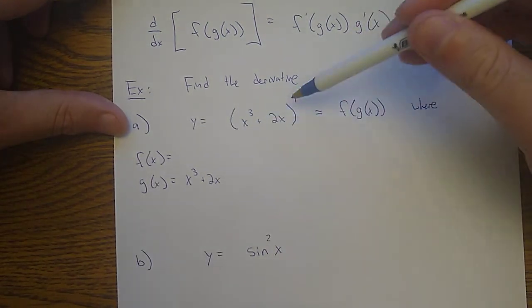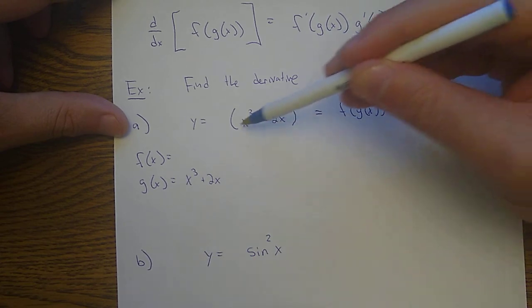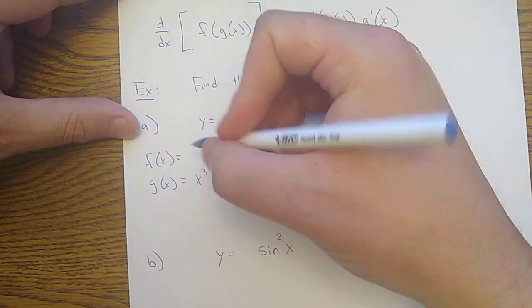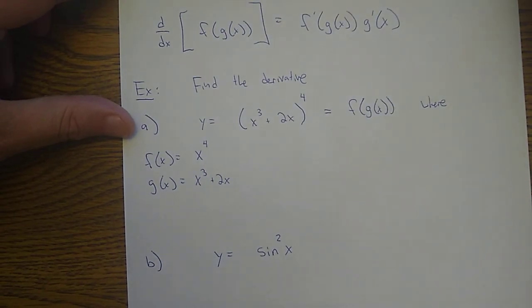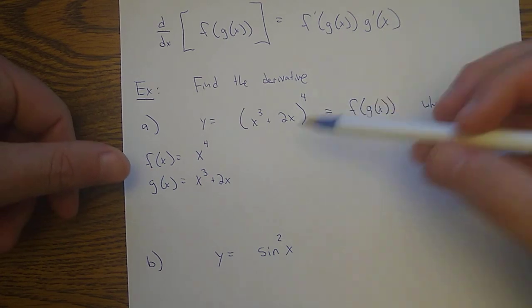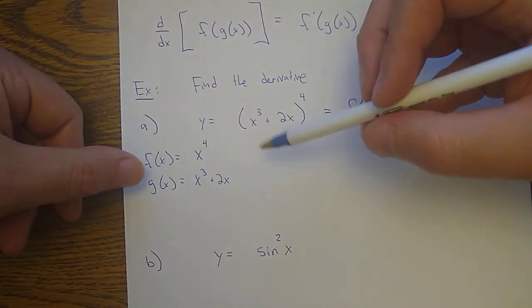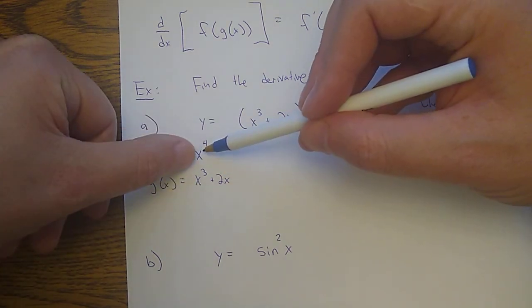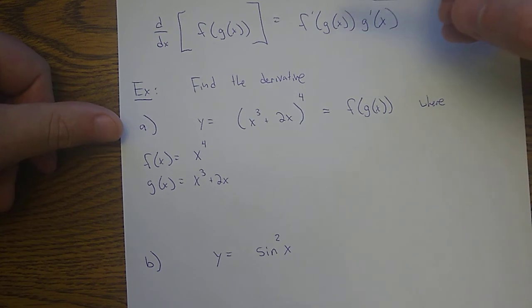And then f of x is going to represent what we are doing to that. What we're doing to that is raising it to the fourth power. So f of x is going to be x to the fourth power. And if you don't believe me, just imagine plugging g of x into f of x, and this is exactly what you would get if you did f of g of x.